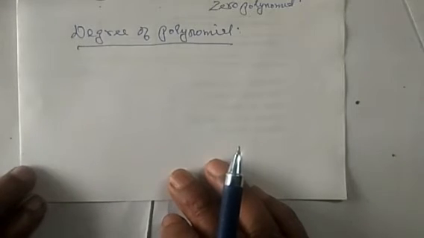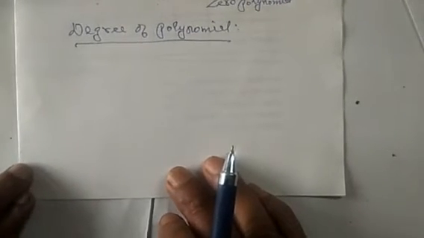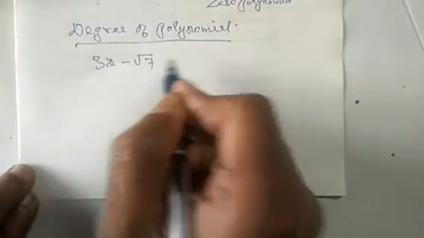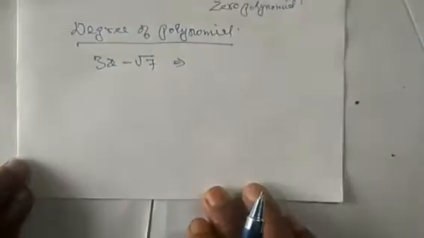From your book only, you can see your book, you will find this question there. See, I have taken one equation, 3x minus 7.